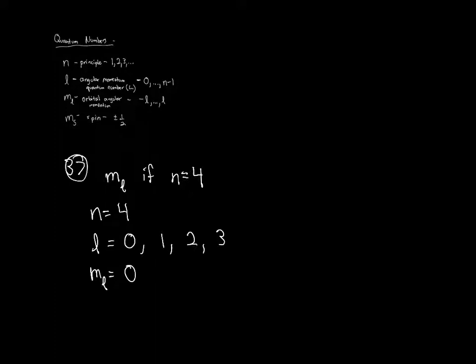If l equals 1, m sub l can be negative 1, 0, 1. If l is 2, negative 2, negative 1, 0, 1, 2. If l equals 3, negative 3, negative 2, negative 1, 0, 1, 2, 3. Remember this from chemistry? You should have done this in chemistry.